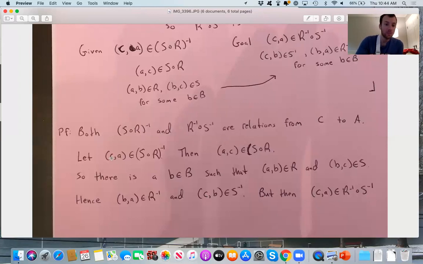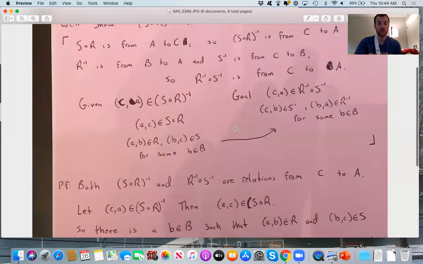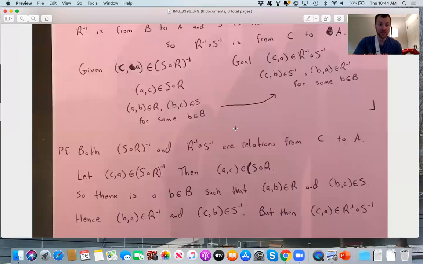We started with a pair in S composed with R inverse, and we showed that that pair is in R inverse composed with S inverse. And as a last comment, it'll be a good exercise to write a proof for the other direction, but either in our scratch work or as we were laying out the proof, you can notice that these steps are really reversible.